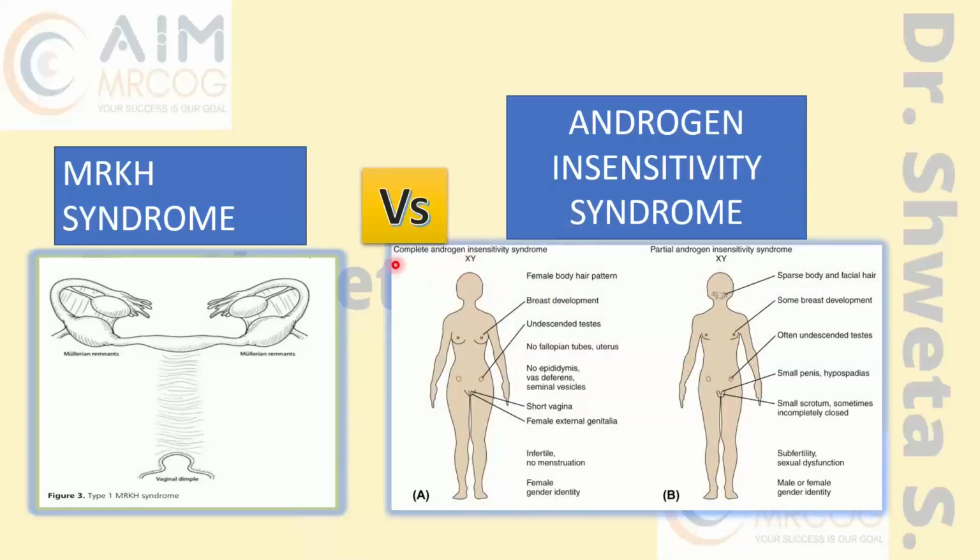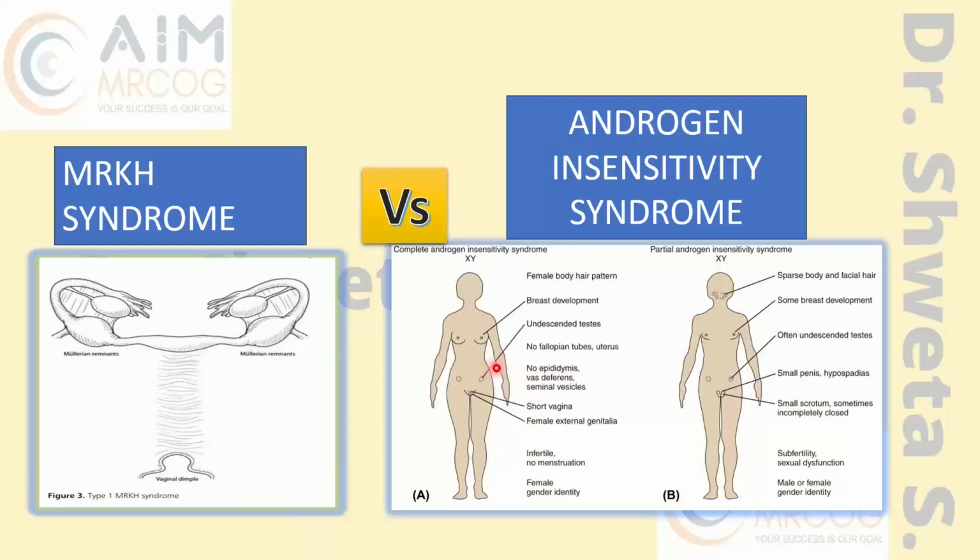It could be of two types, complete and partial. In complete, the breast will be properly developed. It means the testosterone has converted to estrogen in the fat cells. That's why the breast development is there. But the hair will be deficient because the androgens are not able to work on the peripheral cells.